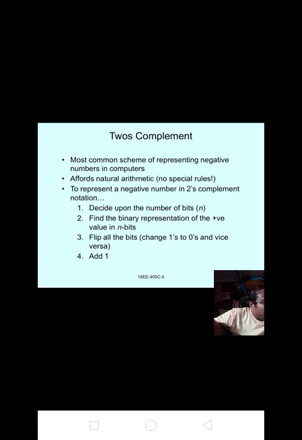What are you writing? 0 1. 1 plus 1 plus 1 is 1 and carry 1. 1 plus 1 is 0, carry will be 1. 1 plus 1 is 1 0. Carry 1. Okay, 1 1 0 1 0. Now do the 1's complement for the answer.